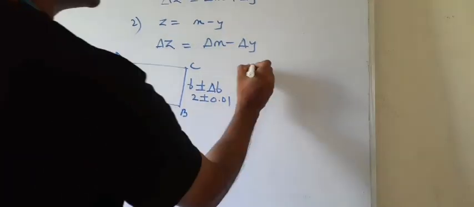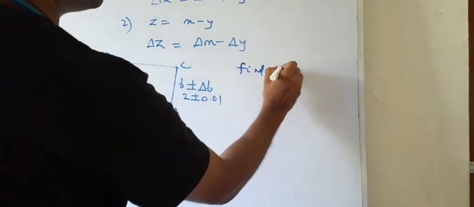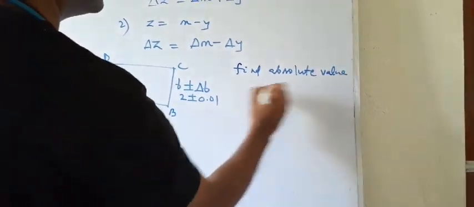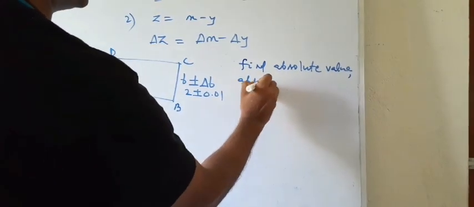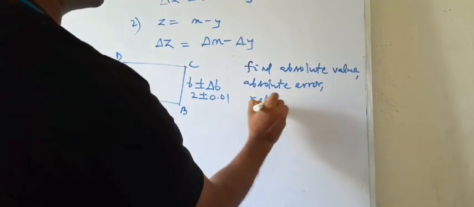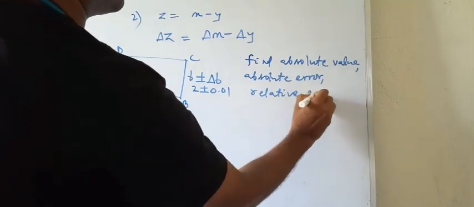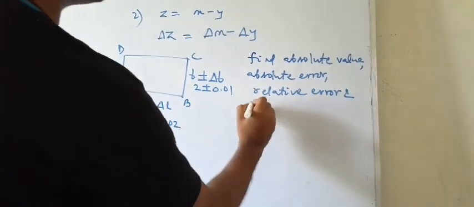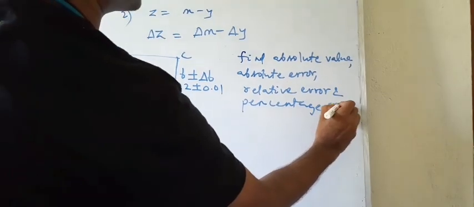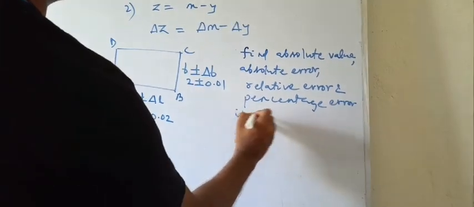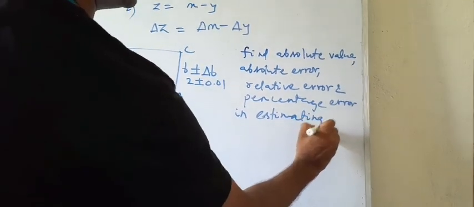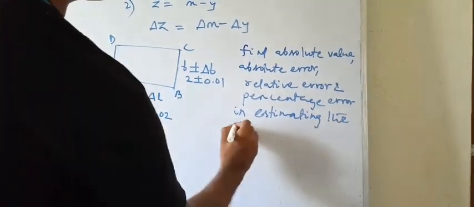So my question is, find the absolute value, absolute error, relative error and percentage error in estimating the perimeter.